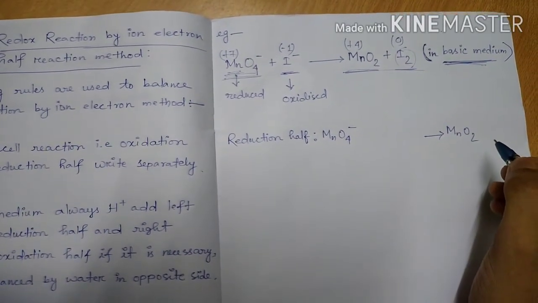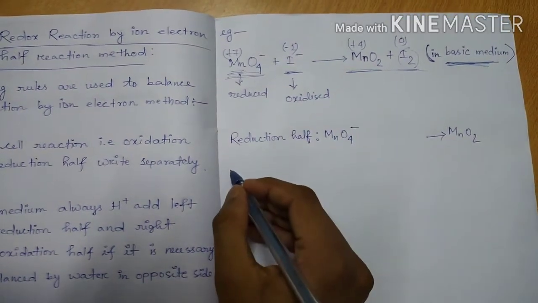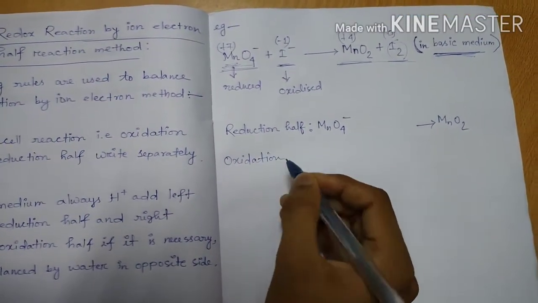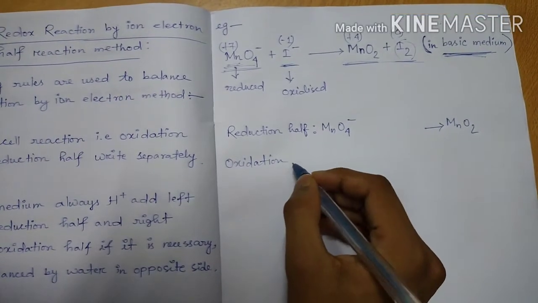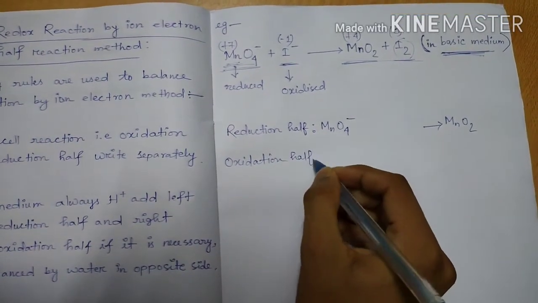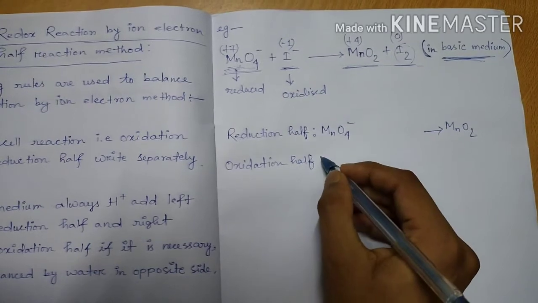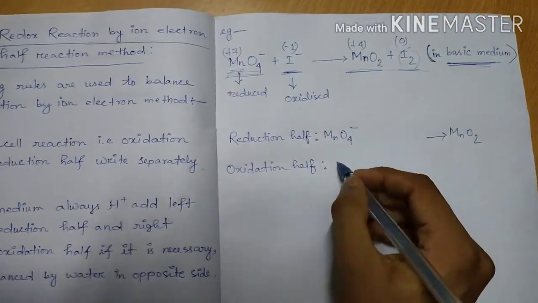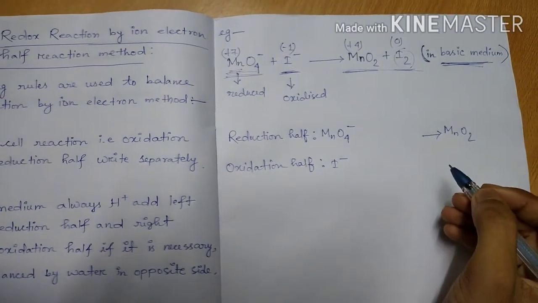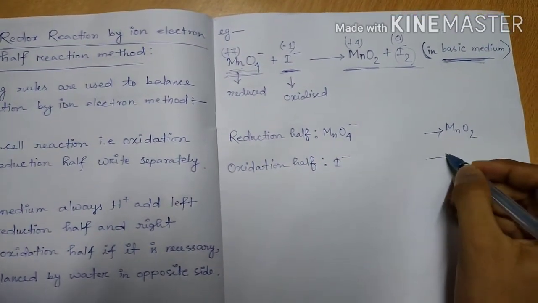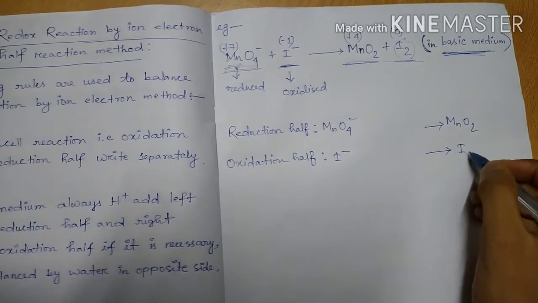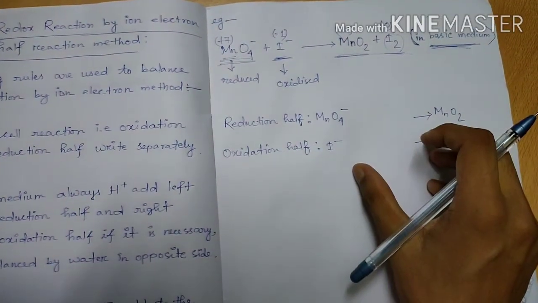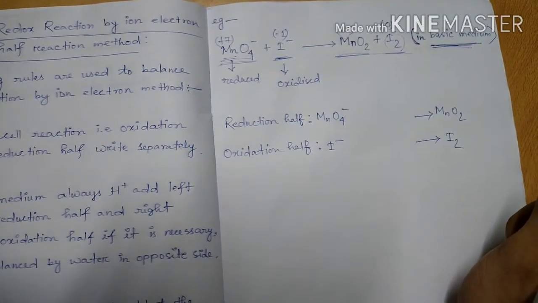Then the oxidation half is I negative, and that gives I2. So now rule number 1 is completed.